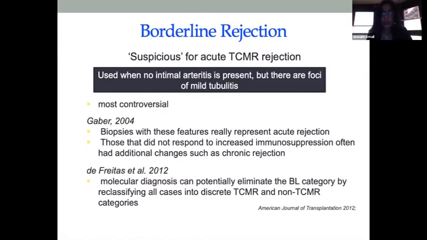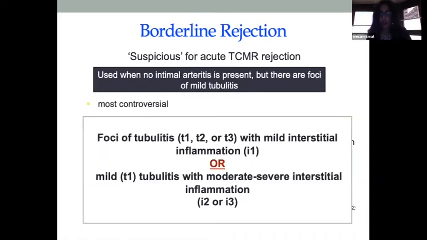So this is a category where we are just saying that we have a high suspicion for a rejection, but we are not really able to tell you that this is a rejection, due to all the causes I've just mentioned. Now, the borderline rejection was also a problem in its diagnosis, and it was very variable between pathologists. But in 2019, they stressed the criteria of how we should approach borderline rejection.